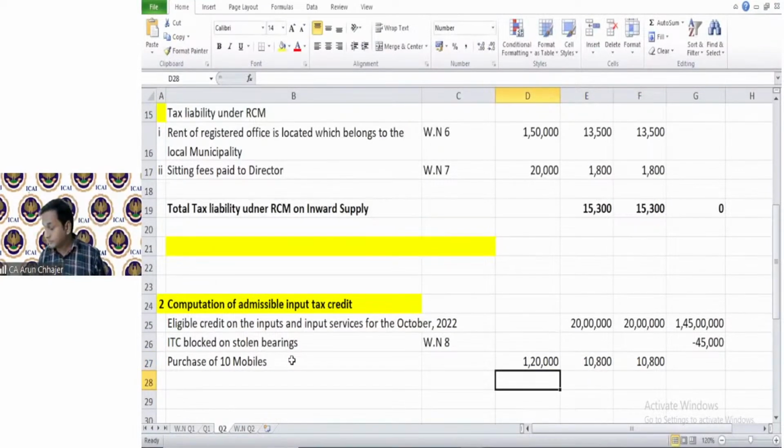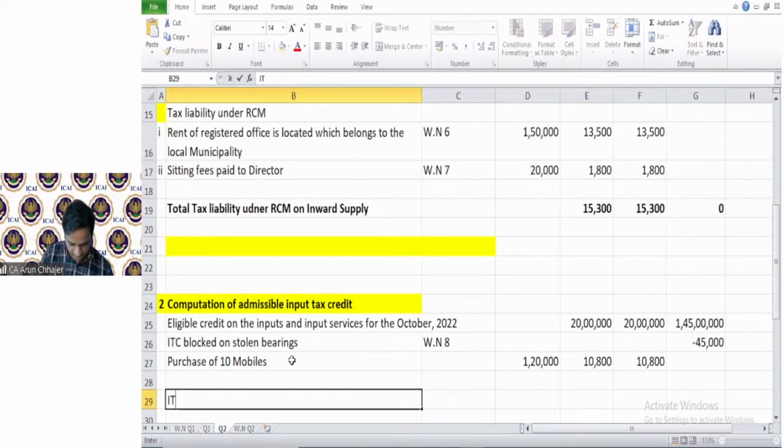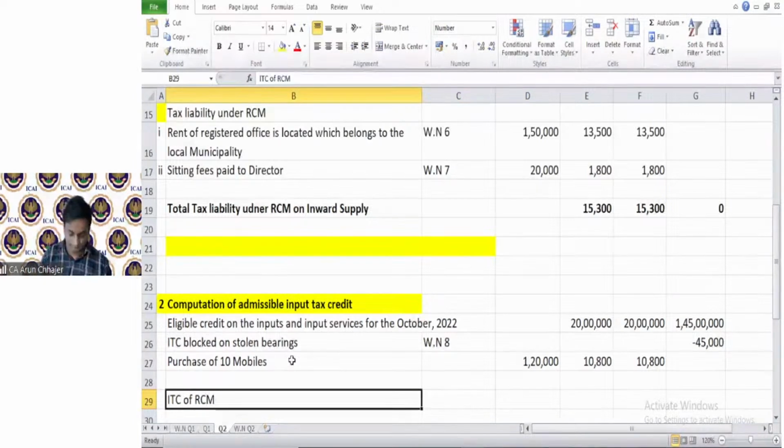So fine. Now, what is the next? ITC of RC. Okay.